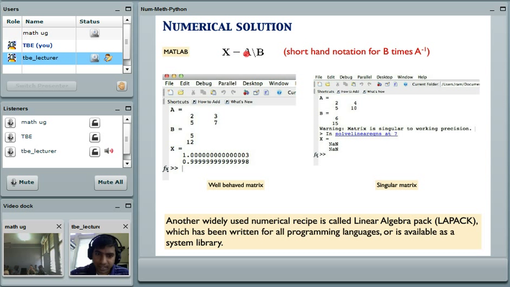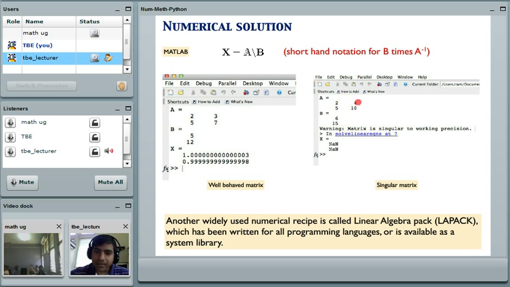You define matrix A, define matrix B, like how I did, and ask the question x is A / B, and that should give you exactly what the solution is. So if the matrix A is well defined, then it will give the exact solution.